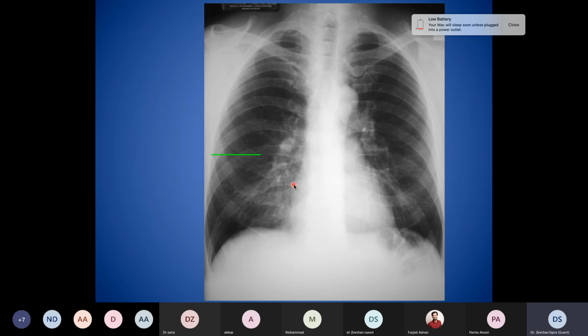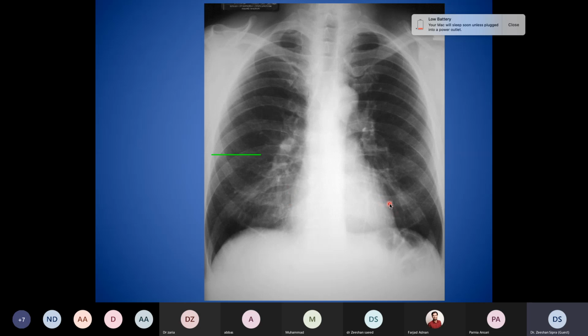So we say there is loss of right heart border, there is silhouetting of the right heart border. All of these terms depict that there is a pathology going on in the part of the lung adjacent to the right heart.